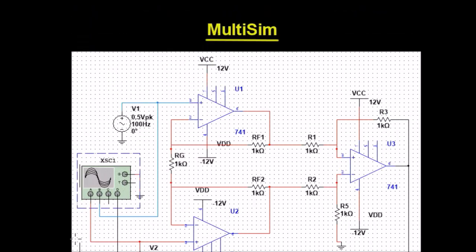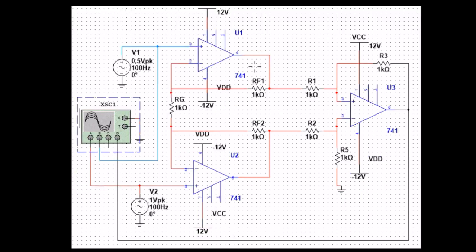I've built this in Multisim, and you've got access to this Multisim simulation in the sections there. We've got our 3 op amps here, and we can see that our inputs are a 1 volt peak and a 0.5 volt peak, so it should take the difference between these and then amplify it by a gain.